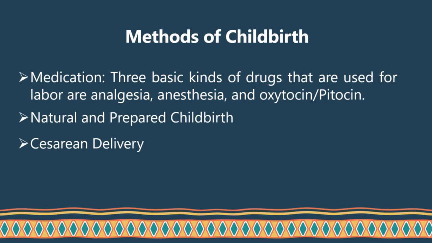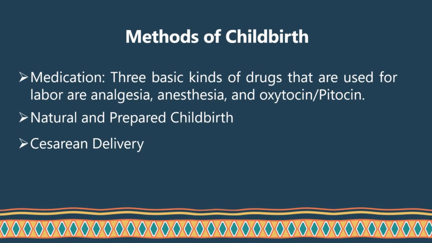During the method of delivery, the mother and her obstetrician may opt for the options appropriate to the situation that could result in a successful delivery of the baby and at the same time safety to both mother and child. There are three basic kinds of drugs that are used for labor: analgesia, anesthesia, and oxytocin.